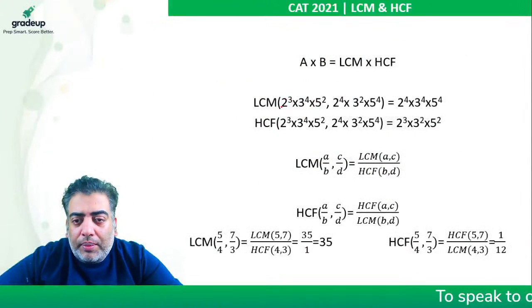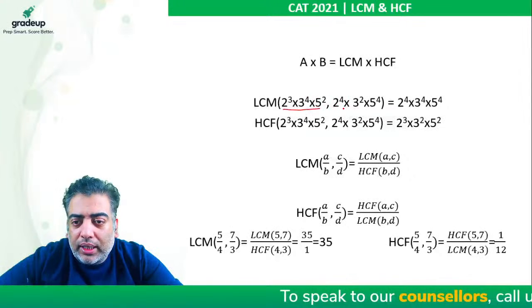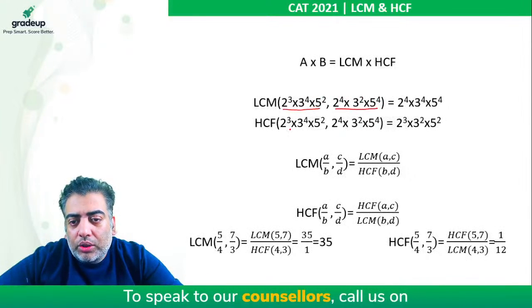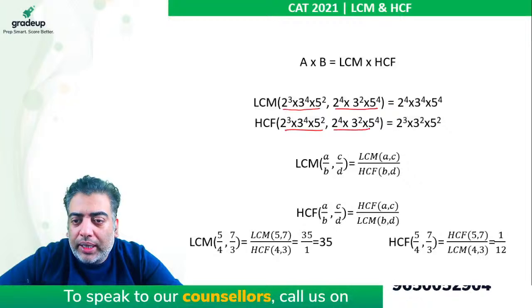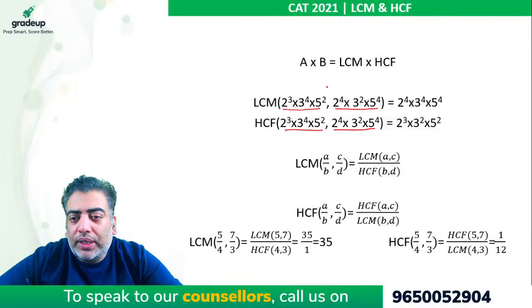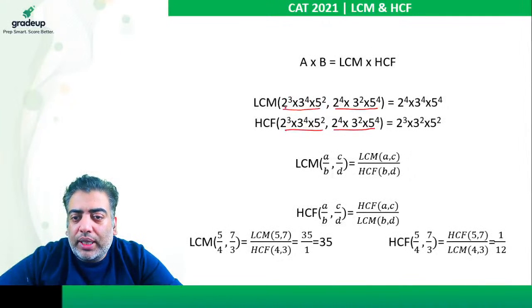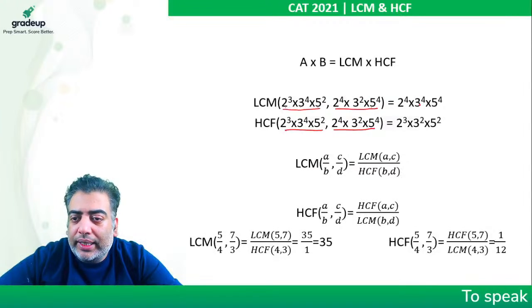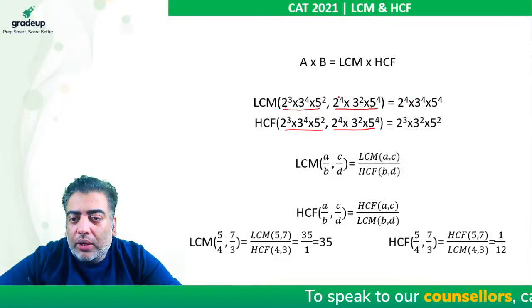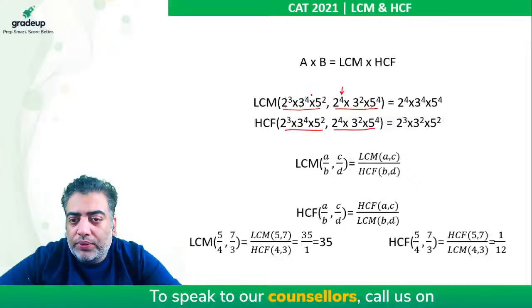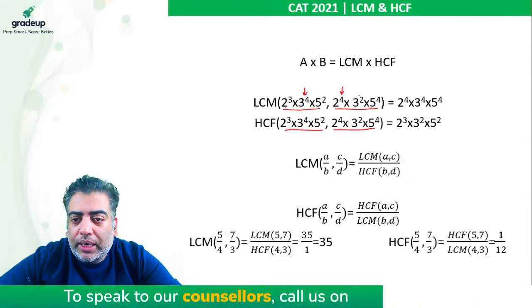So now if we come across a bit larger numbers like this, and we have to find their LCM and HCF, the method which we just discussed makes it very easy. We just need to take the higher powers of 2, 3, 5 in case of LCM. The power of 2 is bigger here, the power of 3 is bigger here, and the power of 5 is bigger here.